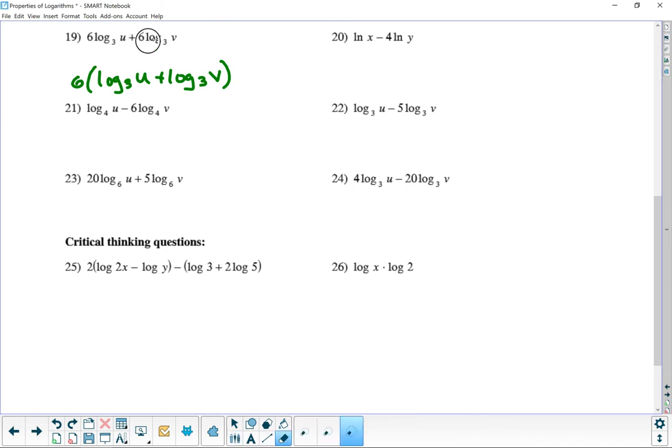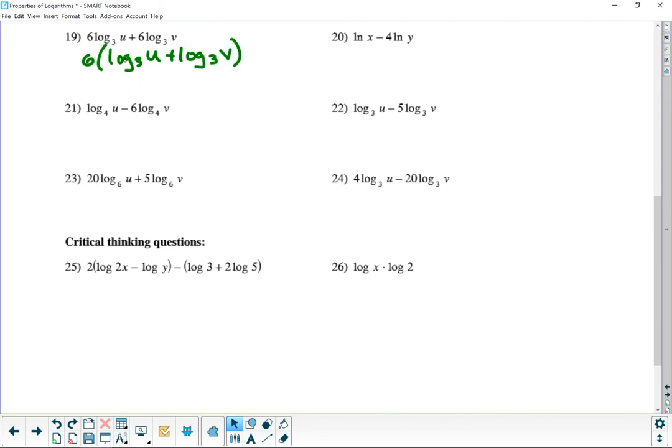Okay, I'm going to erase that, make room. So with this, I'm going to combine these because this is an addition. So I'm going to use the product rule. So this is going to be 6 on the front, and on the inside, it's going to combine to be log base 3 of u times v.